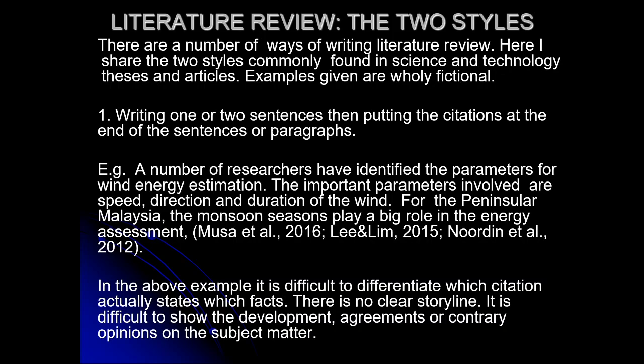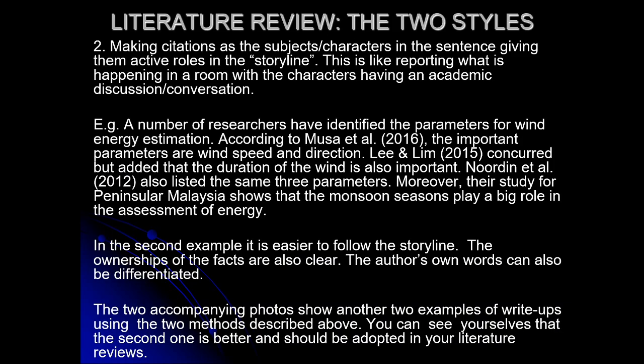So we go to the second example, which uses the same number of citations, but written in a slightly different manner, containing similar information. So the second way of writing is making citations as the subject or the characters in the sentence, giving them active roles in the storyline. This is like reporting what is happening in a room with the characters having an academic discussions or conversation.